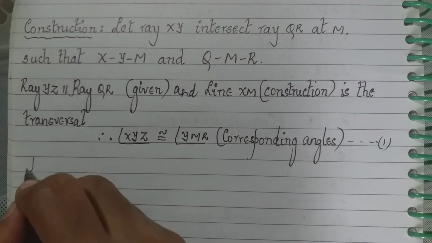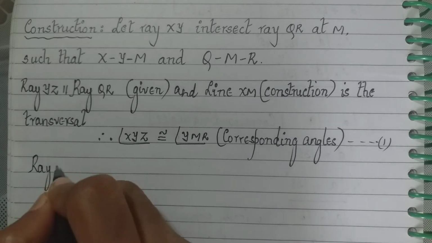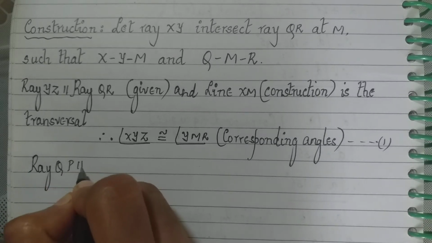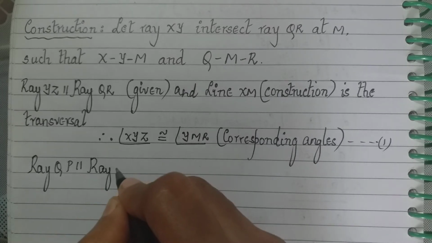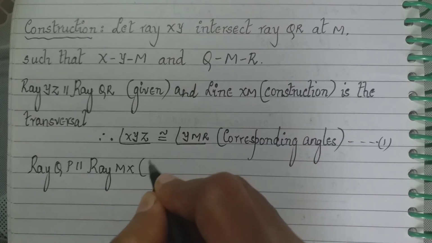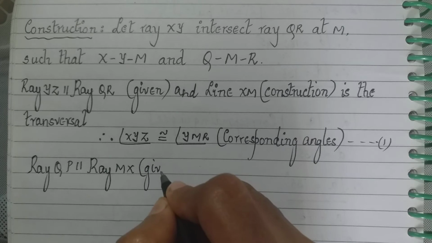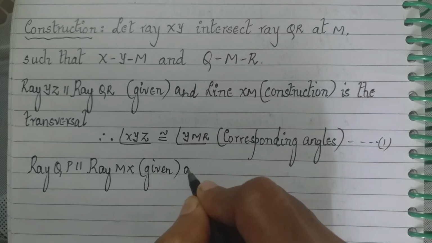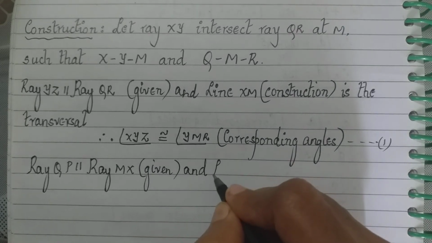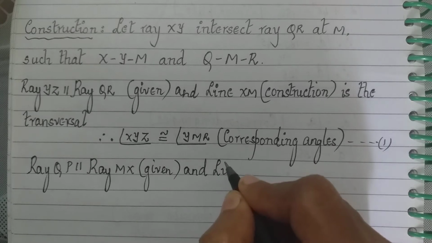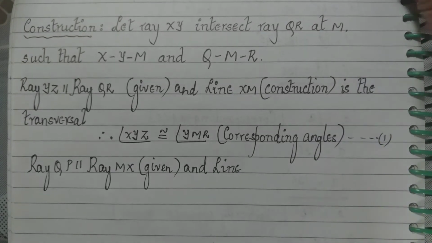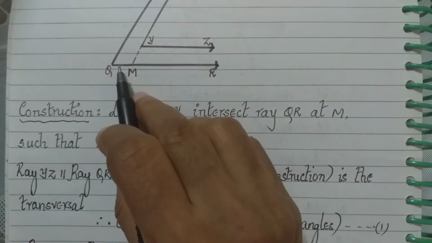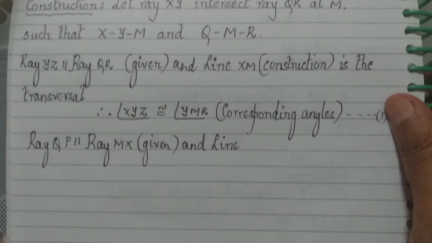So, ray QP is parallel to ray MX, given, and the line which is the transversal we said, that is QR.